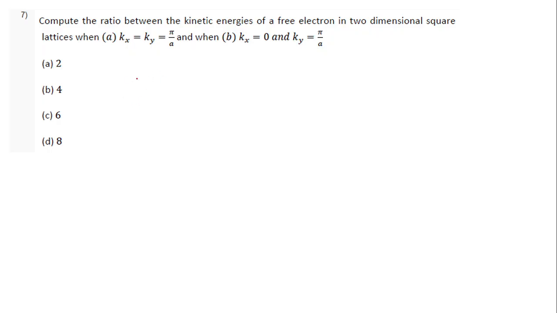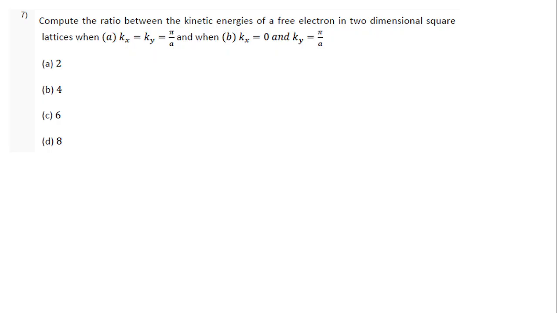Next question: compute the ratio between the kinetic energy of a free electron in a 2D square lattice. The first situation is kx, ky equal to pi by a. The second is kx is 0, ky is pi by a.